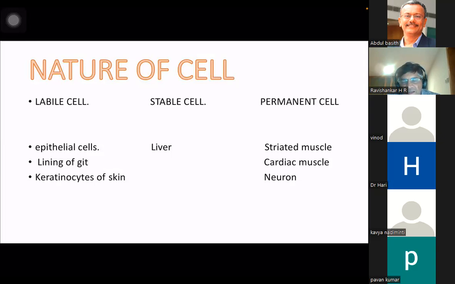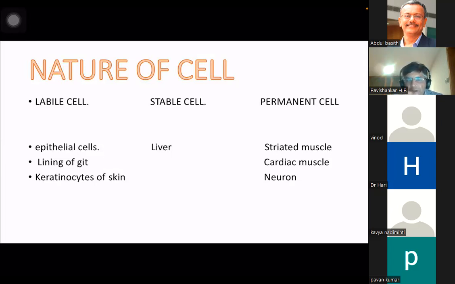In related donor transplantation, you remove half the liver from the donor and transplant it to the recipient, and in 3 to 6 months time, both donor and recipient will have almost a full complement of liver. So that is the advantage of the liver having stable cells.